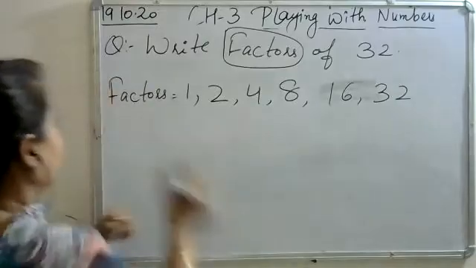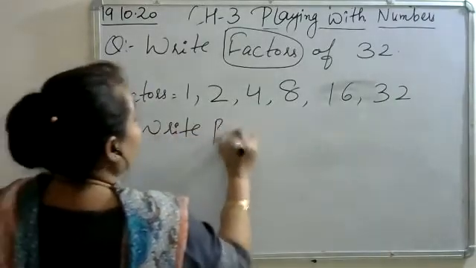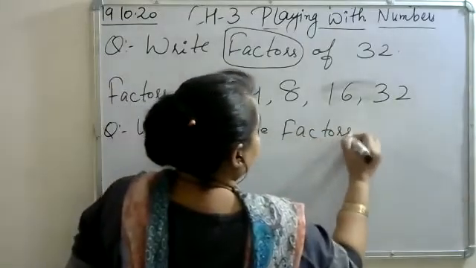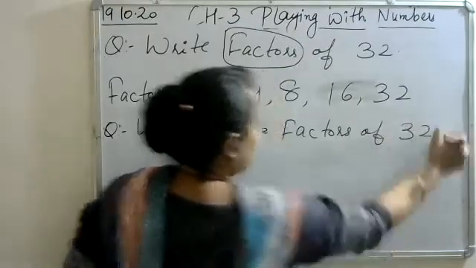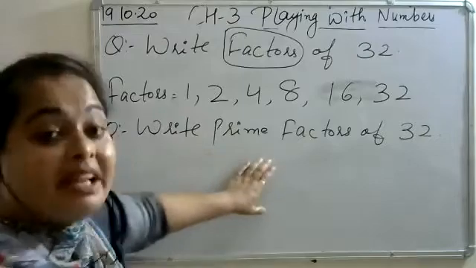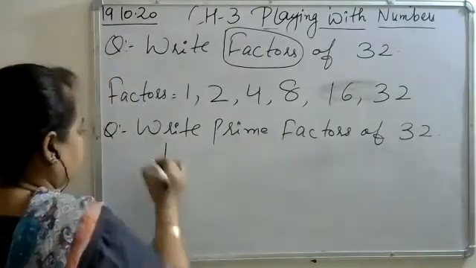But if the question is write prime factors of 32, then which method will you use to write the prime factors? You will use this method.